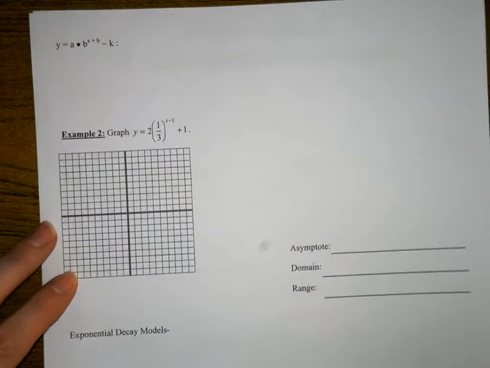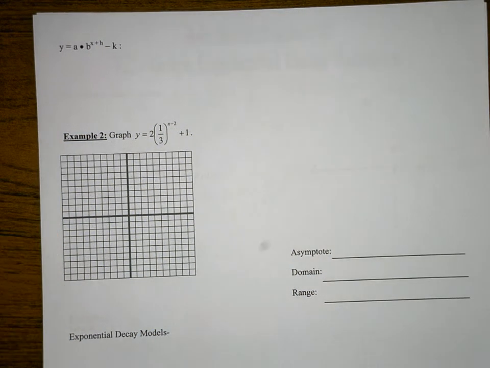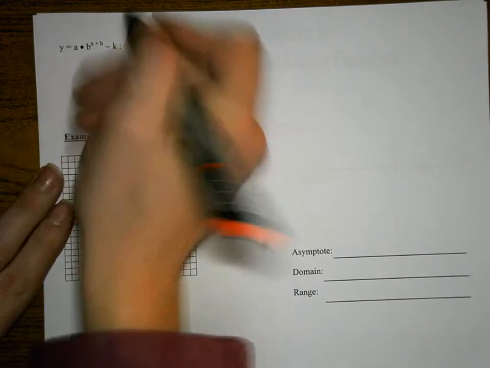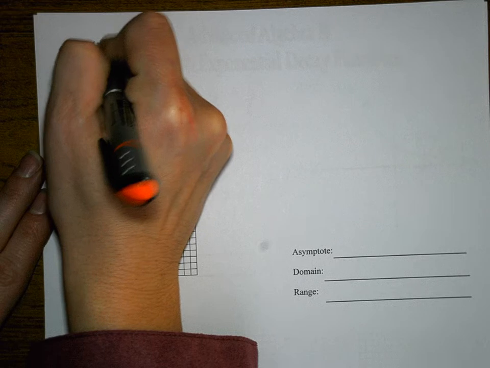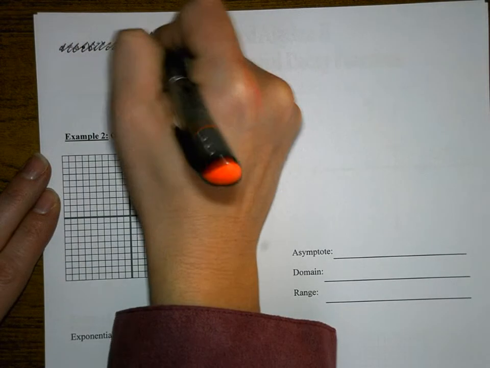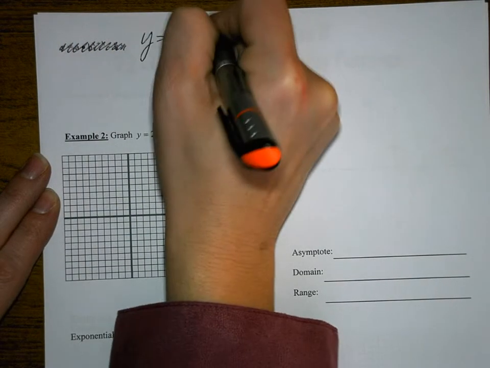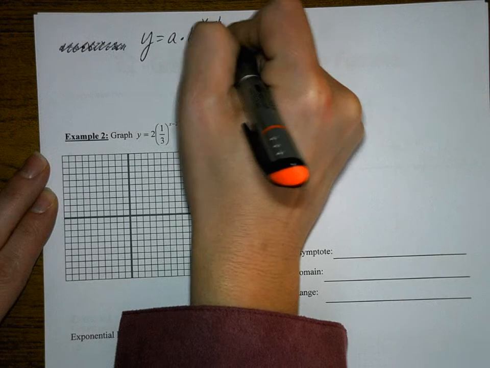All right, now let's add in our component of y is equal to a times b to the x plus h minus k. Oh, I've got a major typo there. That should be y is equal to a times b to the x minus h plus k.